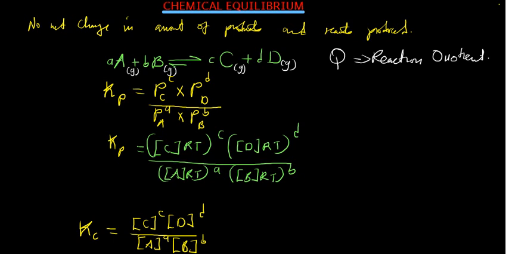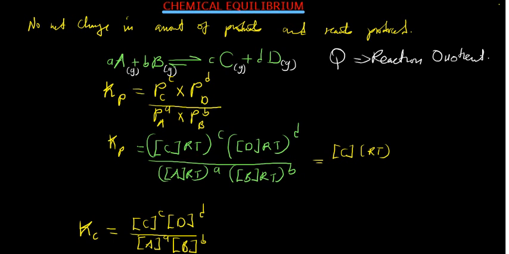Now we proceed from here. We can distribute this C to everything which is here because it applies to all of them. And so this is going to be equal to concentration of C, and then RT, and this C is going to distribute to the concentration of C and to RT.